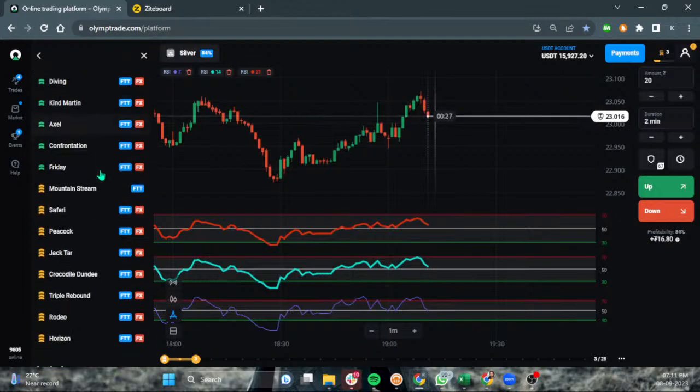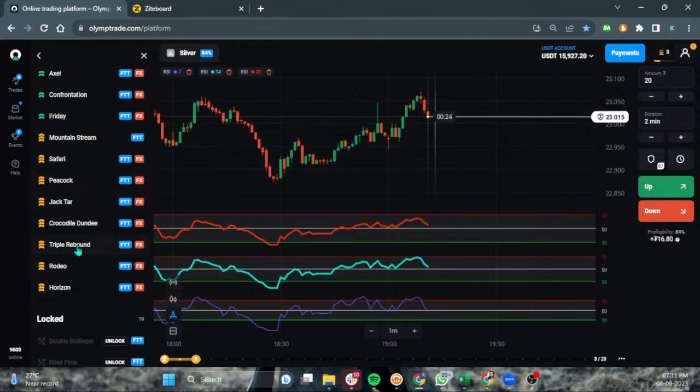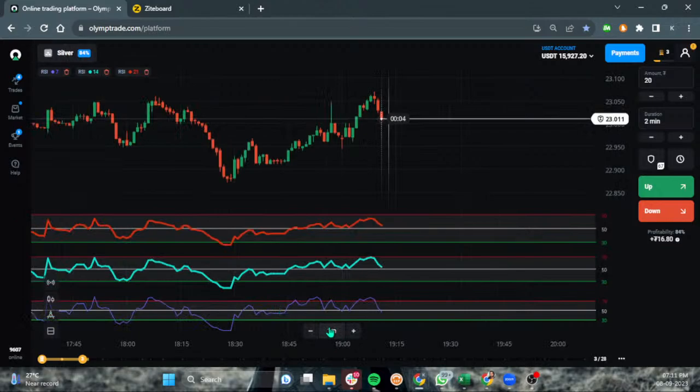If you scroll down further, you will see triple rebound somewhere here. Here it is, and it can be used in both fixed time and forex. Like mountain stream, it can only be used in fixed time, not in forex. But Safari, Peacock, Jackdaw, Crocodile Dundee, Triple Rebound, Rodeo, Horizon, all of them can be used in both fixed time trading and forex trading. The one thing that you need to be careful about is the time frame and the trading duration.